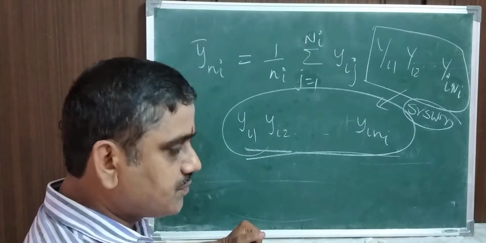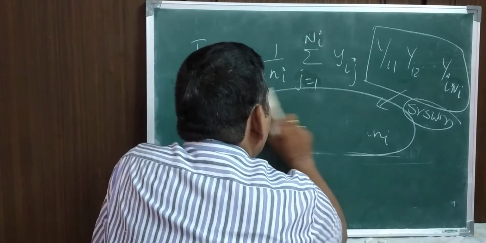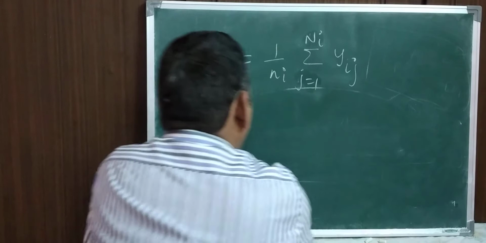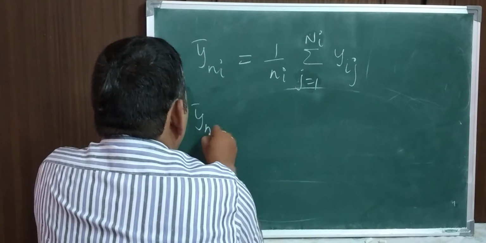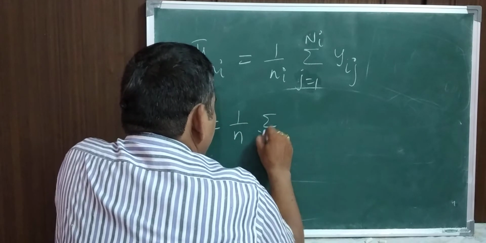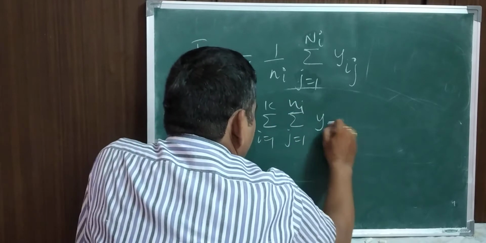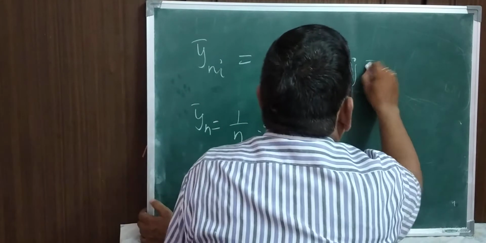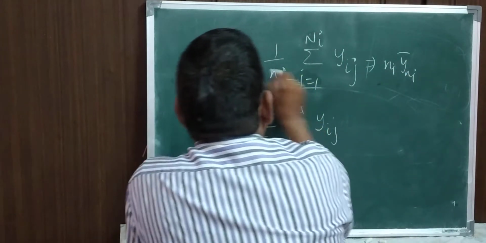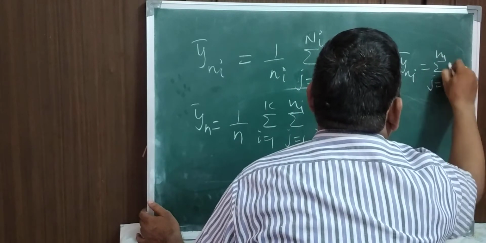Therefore, now I consider the total mean of all sample values drawn from all strata. Now write y bar n is equal to 1 by n summation i is equal to 1 to k summation j is equal to 1 to ni yij. Now from this formula, ni into y bar ni is equal to summation j is equal to 1 to ni yij.